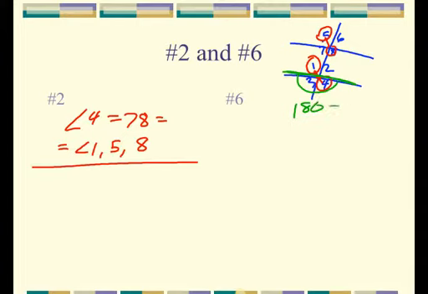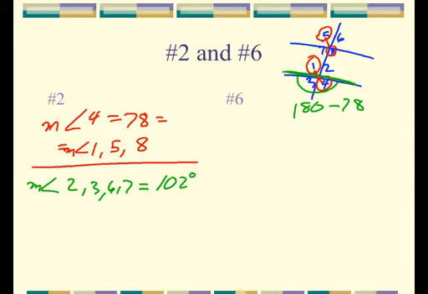And so 180 minus our 78 will give us the rest of them. So the measure of all the rest of them, 2, 3, 6, and 7, all have to be 102 degrees.